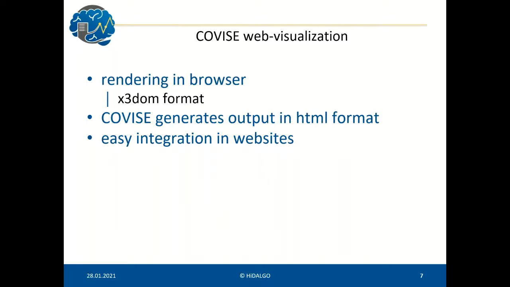It uses the X3D format, which is the successor of the VRML format and is approved as a 3D web standard. This also allows easy integration of our visualization in websites. You can just put it in within an iframe, which is also the approach we will use in Hidalgo, because we are planning to give our users a web-based portal, and within this portal we will integrate this web visualization.